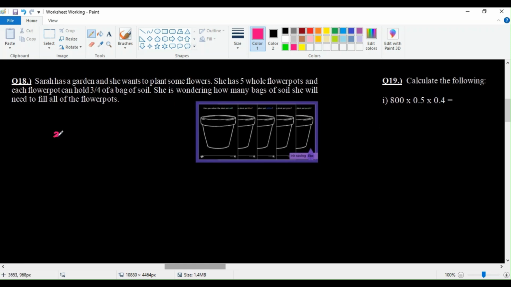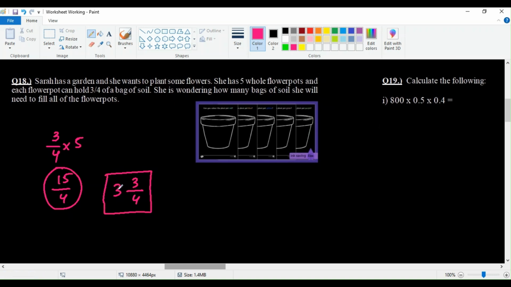That means 3 over 4 is for 1, and she has 5. That means it has to be multiplied by 5 to give us 15 over 4. Now that means 15 over 4 is equal to 3. That means she needs 3 whole bags and 3 over 4 to fill up all these 5.